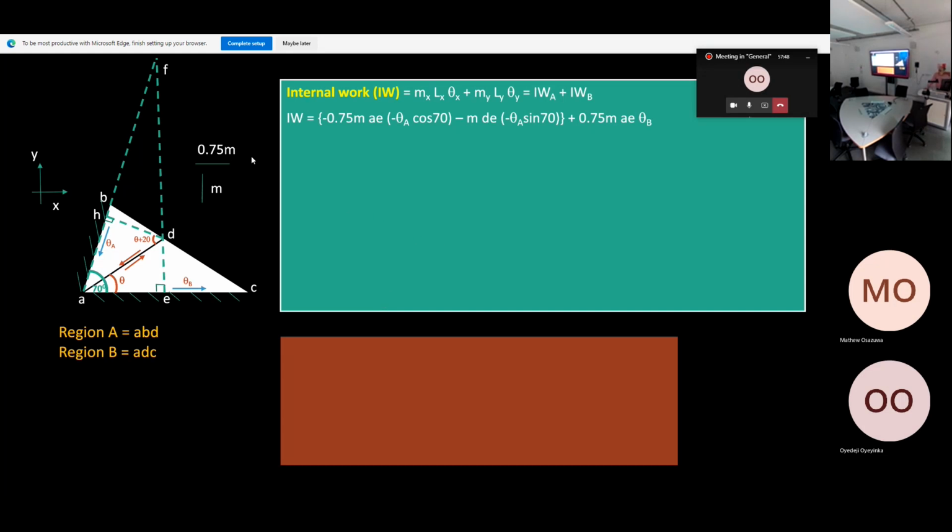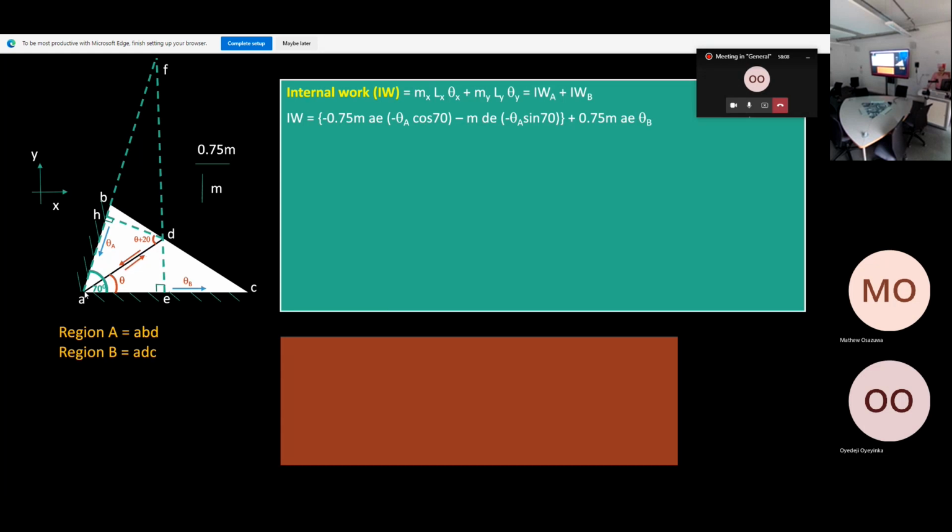Let's stop writing and just listen to me because I want to explain it. Look here, concentrate on region A first. So, mx, this is the vector. Can you see that?